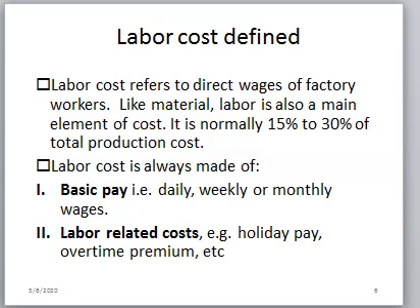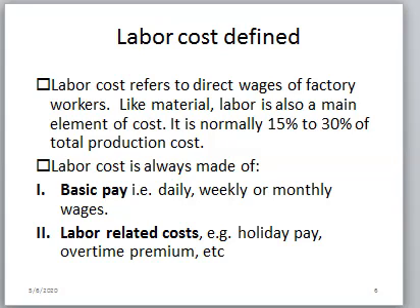But in some service organizations, for example a university, the cost of labor is almost 80% of the total cost. But in a manufacturing organization, the cost of labor ranges between 15% and 30%.